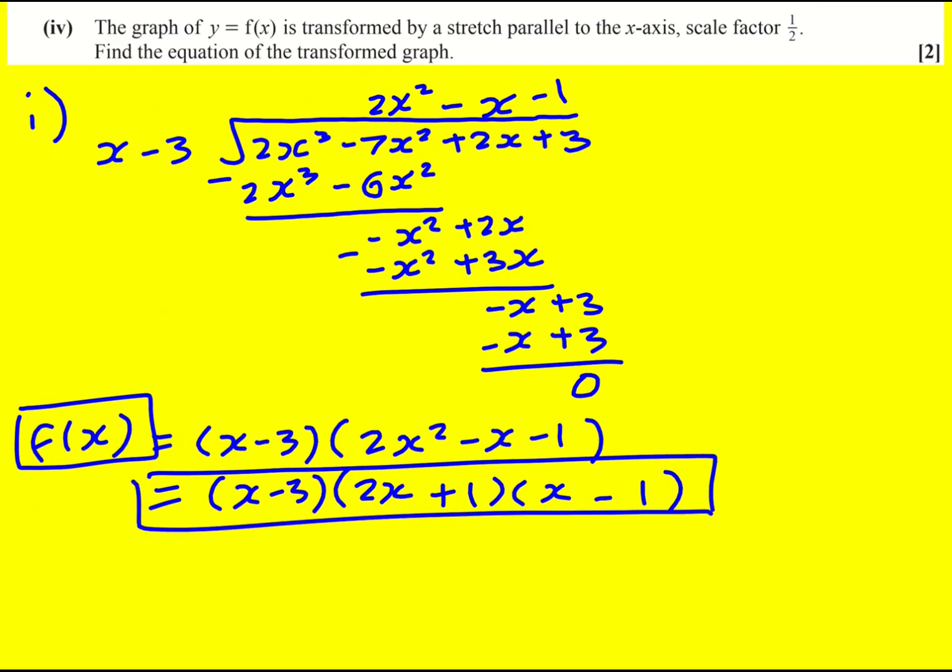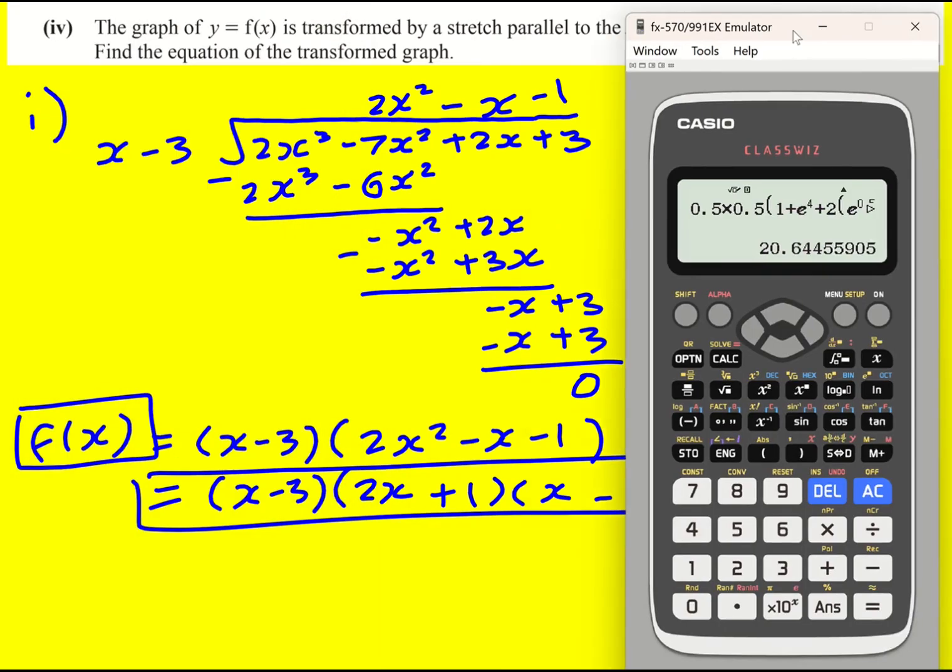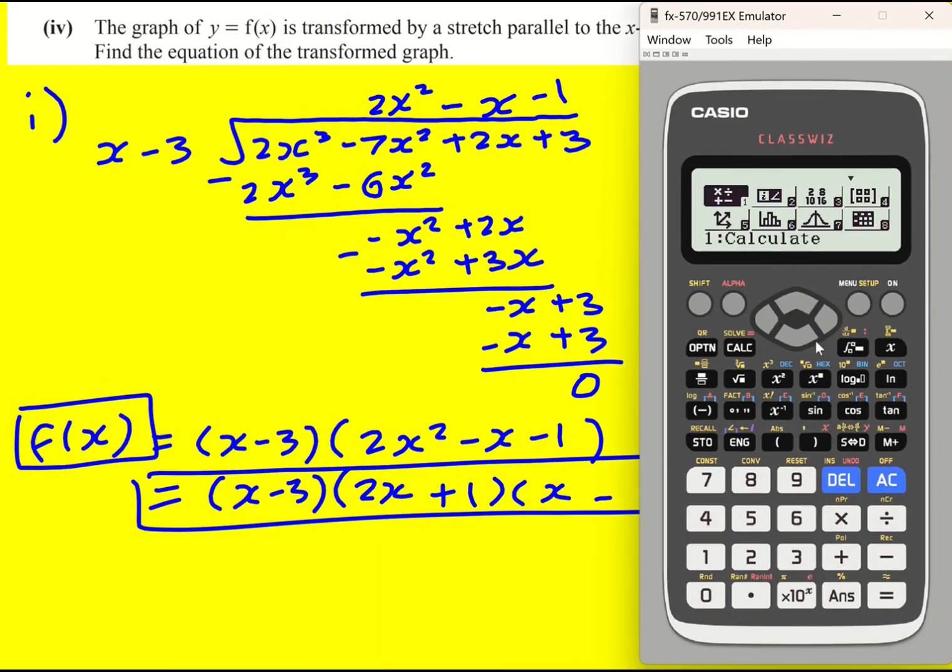Just going to quickly say there is a nice way, well, I've seen lots of people do it with their calculator if they struggle with factorizing. So I'm just going to show you that. I'm not going to worry about the x minus 3. I'm just going to focus on the 2x squared minus x minus 1.